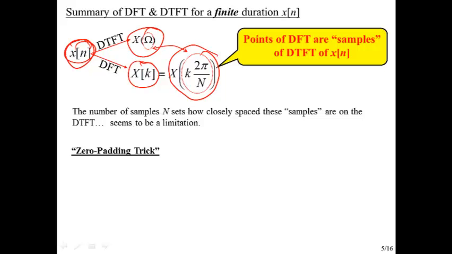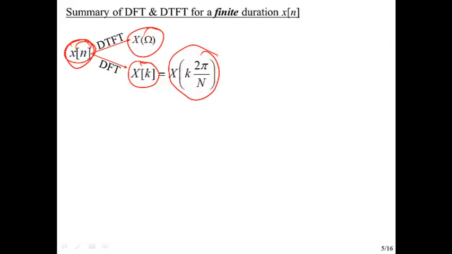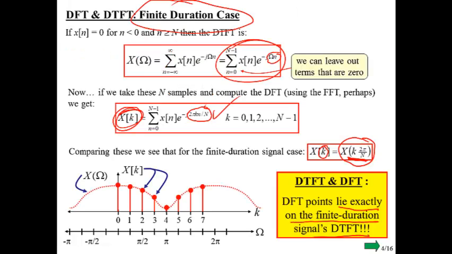So the zero padding trick says, I've collected those n actual value samples, or all the non-zero value signal samples. And what we do is we tack on some additional zeros at the end to trick the DFT into thinking that there are really more samples than we have. But in this case, notice that what we're really doing is we're just extending this sum.